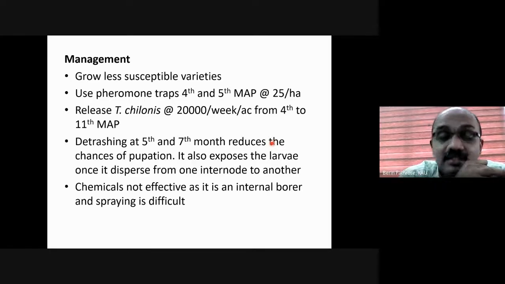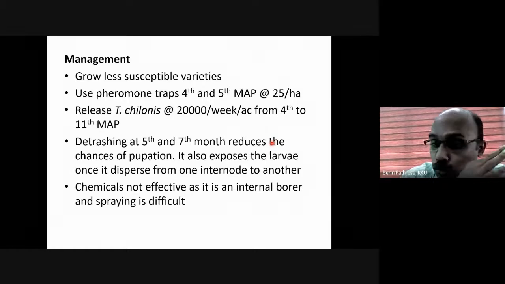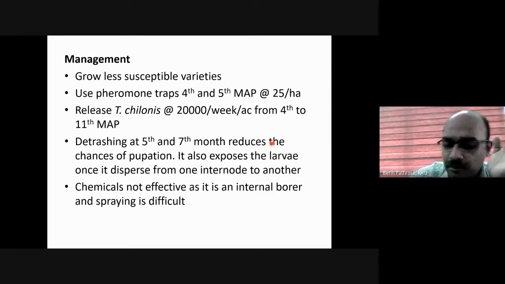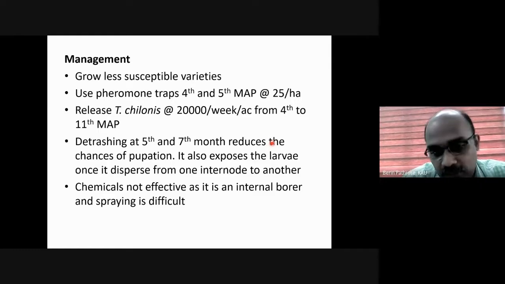As the attack starts at the 4th month, we can install pheromone traps at the 4th and 5th month after planting. We can release Trichogramma chilonis at the rate of 20,000 per week per acre from the 4th month till the 11th month. And go for detrashing at the 5th and 7th month because it will expose the pupae and the migrating larvae. Chemical pesticides are not that recommended.